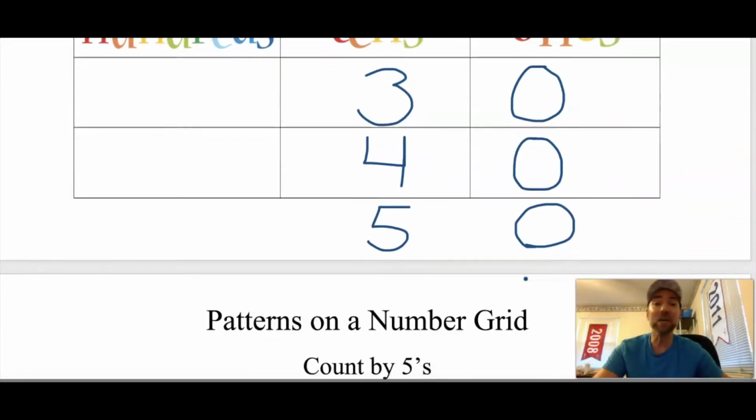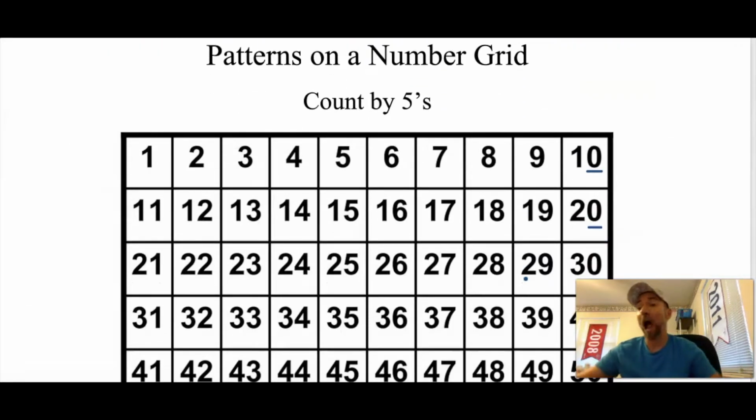All right, let's go ahead and erase our number grid so it's clear again, because now we're going to count by a different number. This time we're going to skip count by fives, and we're going to start at 0, and we're going to circle every number we say.